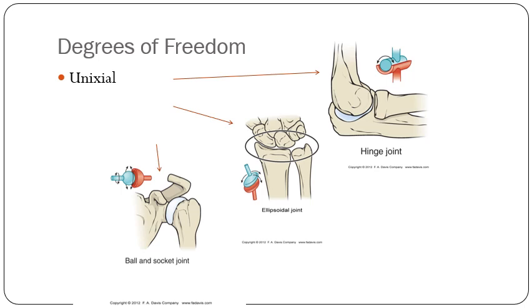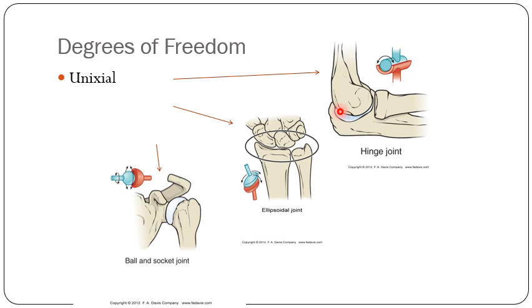So if we look here, for instance, with this picture, you can actually see examples of both, but they're only showing an example of the hinge. So the elbow joint, for instance, is a hinge joint. That's a uniaxial joint, meaning it has 1 degree of freedom of motion. Why? Because all the elbow can do is flex and extend.